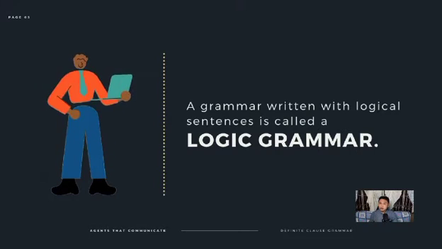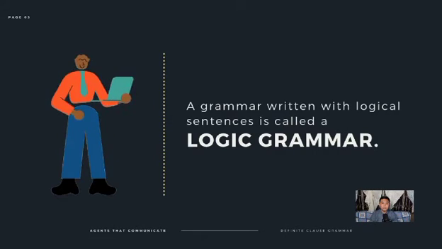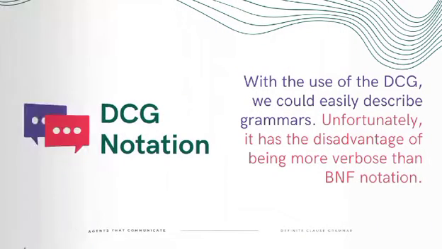A definite clause, by the way, is a type of Horn clause that, when written as an implication, has exactly one atom in its consequent and a conjunction of zero or more atoms in the antecedent. The DCG formalism is attractive because it allows us to describe grammars in terms of something we understand well, that is, first-order logic.